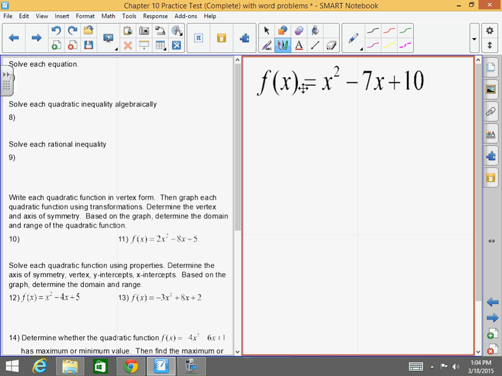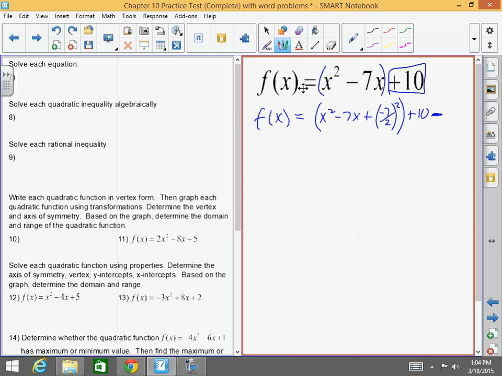So, to do this in vertex form, f of x equals, isolate the x squared and the x. This is x squared minus 7x plus b over 2, which is negative 7 over 2 squared. This plus 10 steps aside.